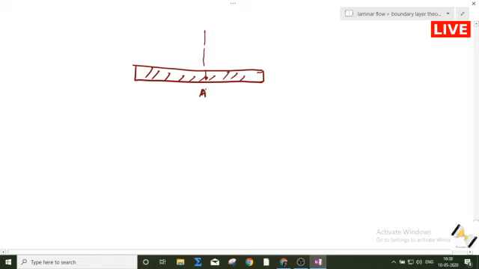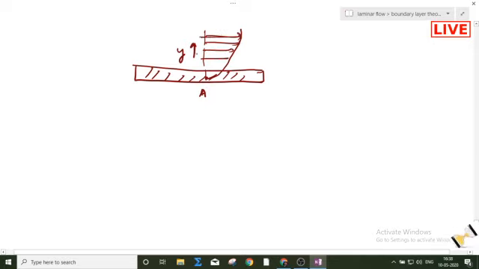Suppose this is my point A. The velocity gradually increases with respect to y. At every point I get a velocity gradient, at every section, point B, point C, so I will get a layer where the velocity will be equal to 99% of the free stream velocity.